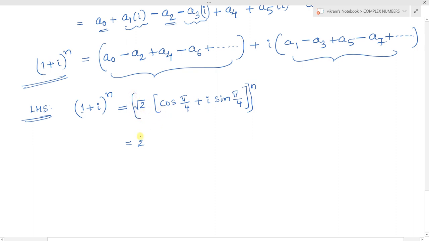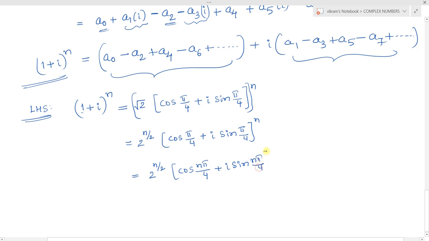Root 2 power n can be written as 2 power n by 2 into cos pi by 4 plus I sine pi by 4 power n. Now we can apply De Moivre's theorem: 2 power n by 2 into cos n pi by 4 plus I times sine n pi by 4.